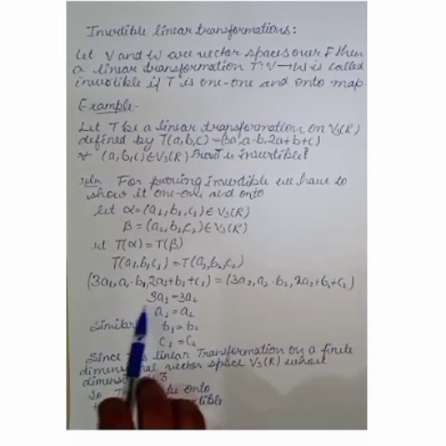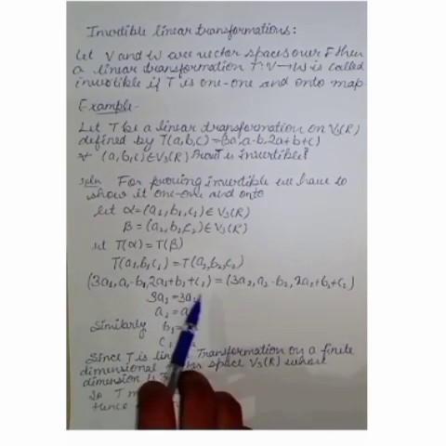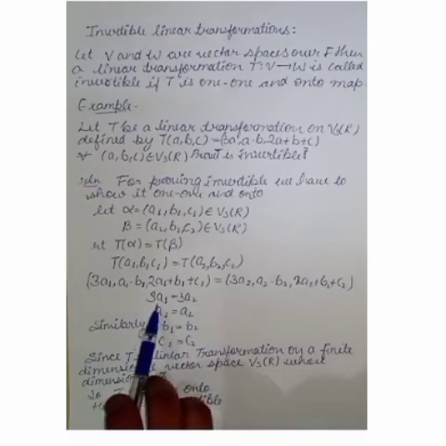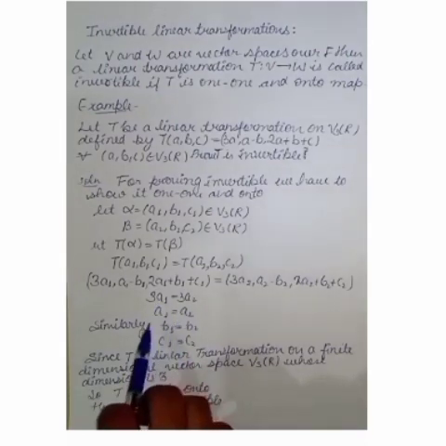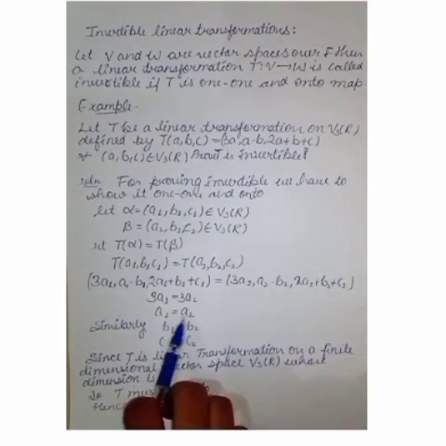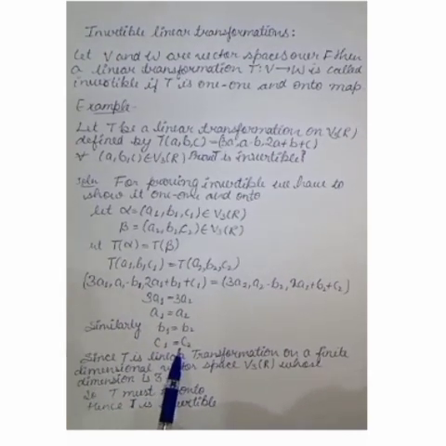From this, 3A1 equals 3A2, 3 cancels out on both sides, so A1 equals A2. Similarly, B1 equals B2 and C1 equals C2.